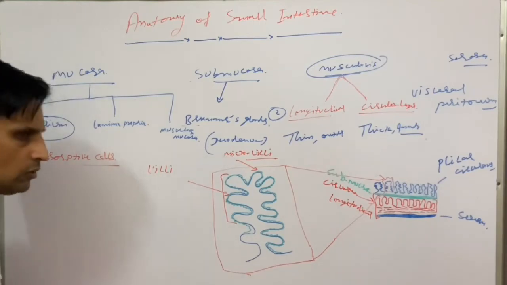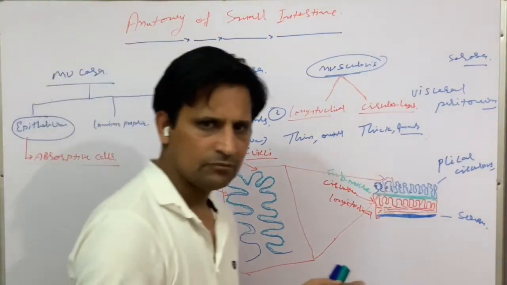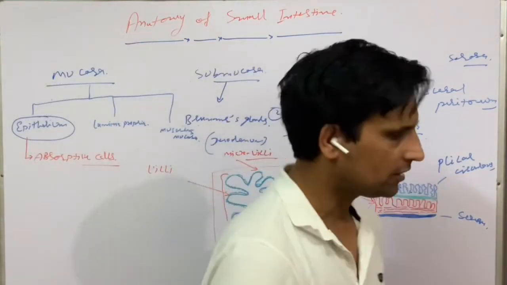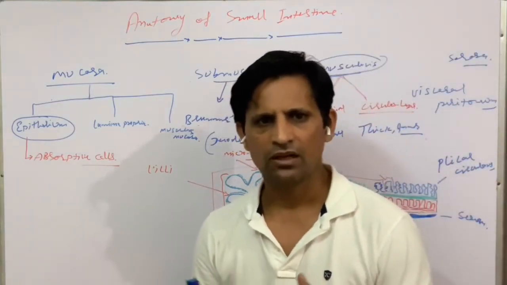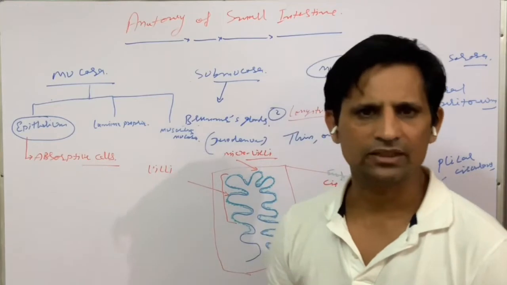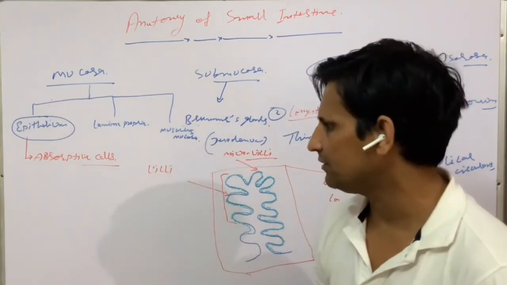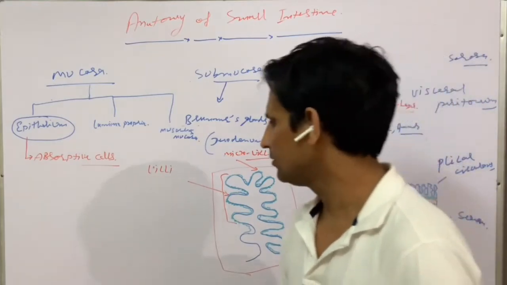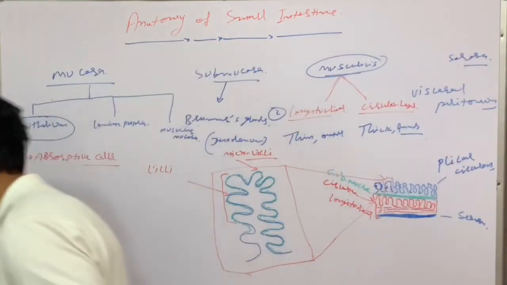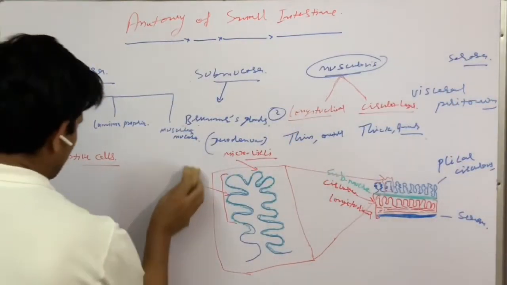So these absorptive cells, which are of course related to the small intestine, synthesize several kinds of digestive enzymes, and these digestive enzymes are known as the brush border enzymes.